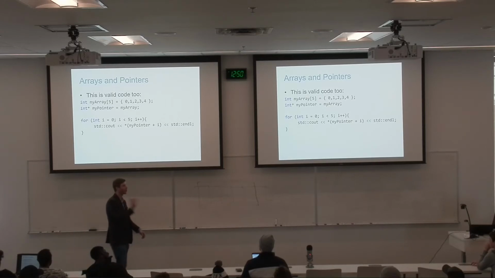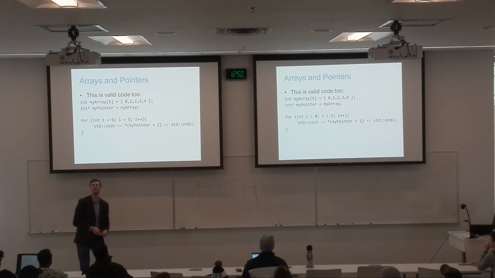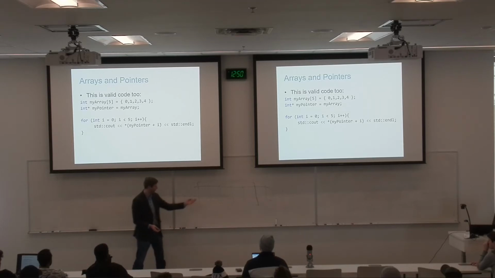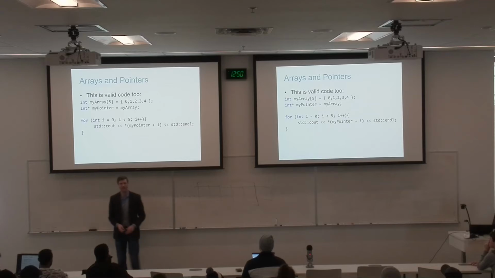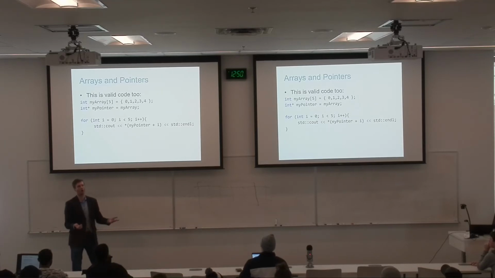And then the very first time through the loop, what's i going to be? 0. What's 1000 plus 0? And then I say dereference memory location 1000. Which box do I get? This one. Next time through the loop, what's i going to be? 1.